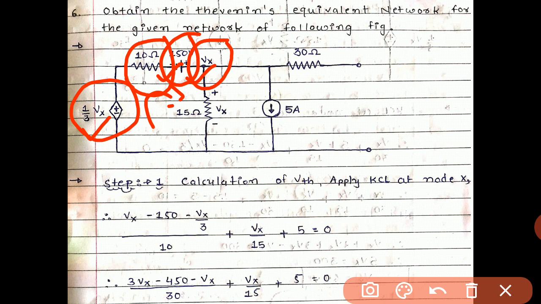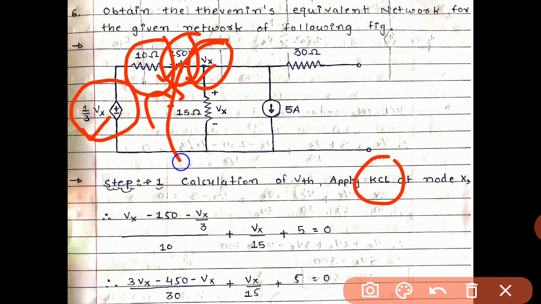Simply, Vx minus 150 minus Vx by 3, whole divided by 10. This is nothing but simply Ohm's law, I equals V upon R. Here we write all the current equations because we apply KCL over here. So for the first loop, again we repeat Vx minus 150 minus Vx by 3 upon 10.